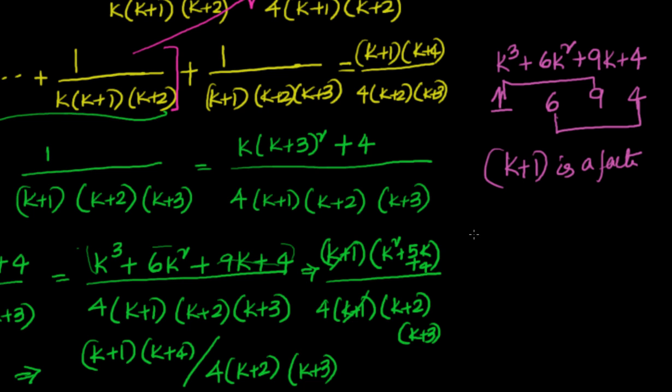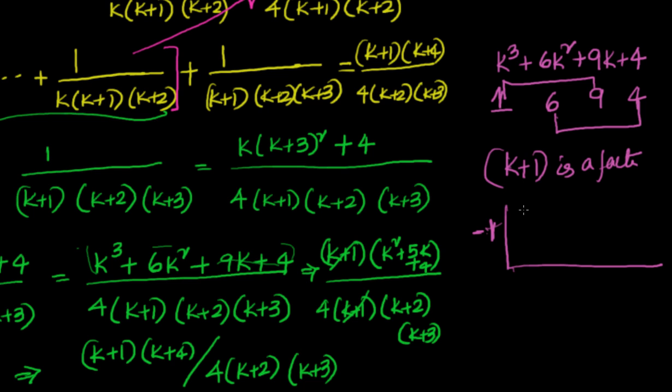I can do it two ways: by division, and also by trial and error, because I know the first term should be k square and the last term should be 4. In between I can manipulate what should come, but I will go by division and show it to you.